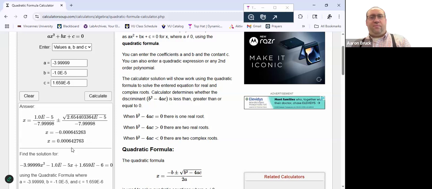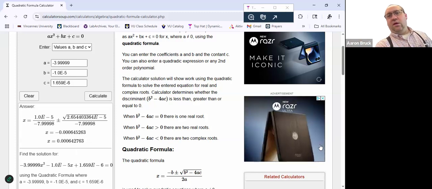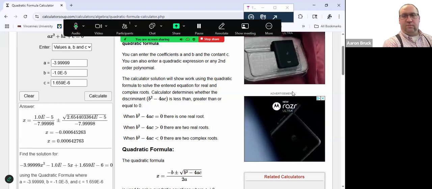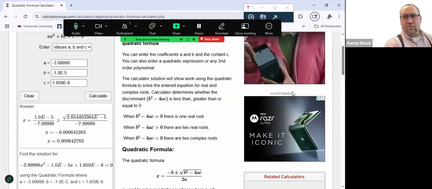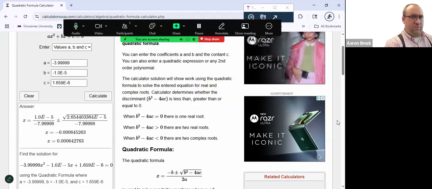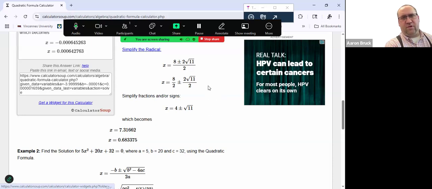It's pretty reliable. So I'm happy that I solved the quadratic equation correctly.